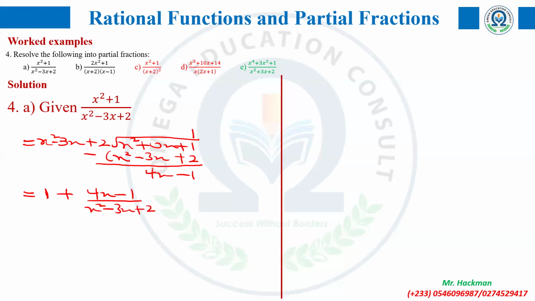So what we were asked to do was express the given rational function as a quotient plus the remainder over the divisor, which is a polynomial plus a rational function. So the first one is catered for.